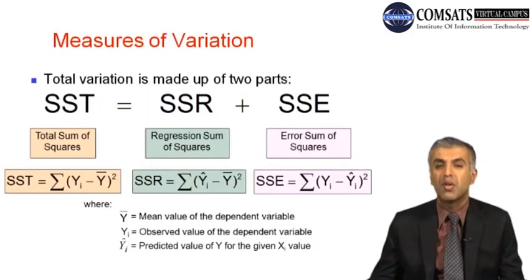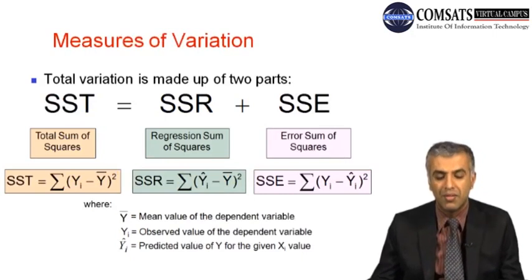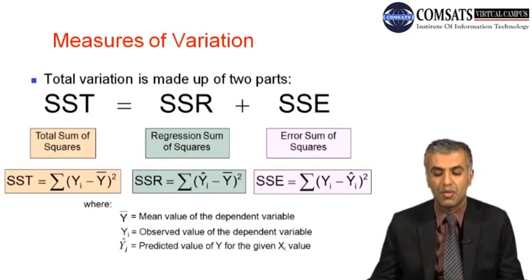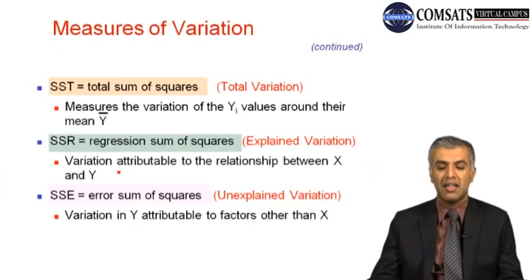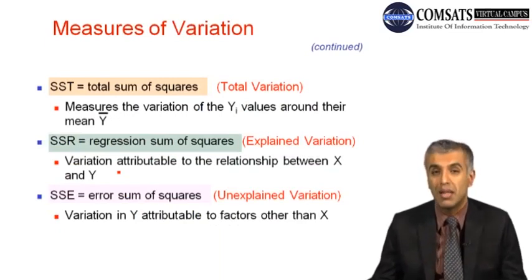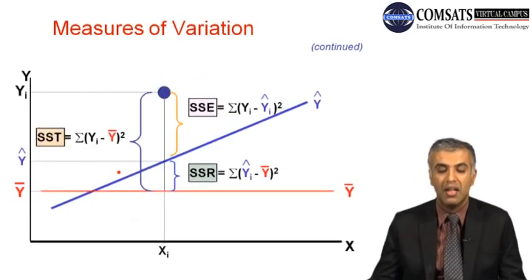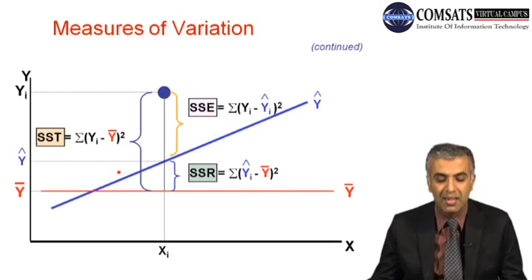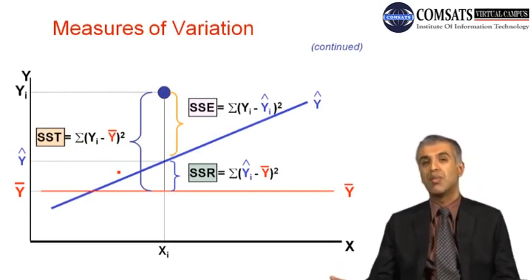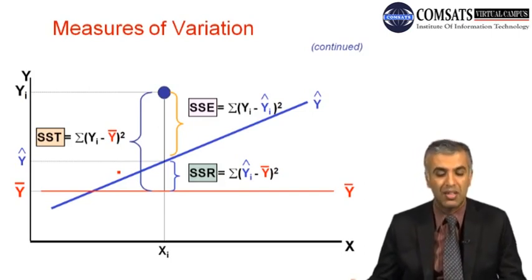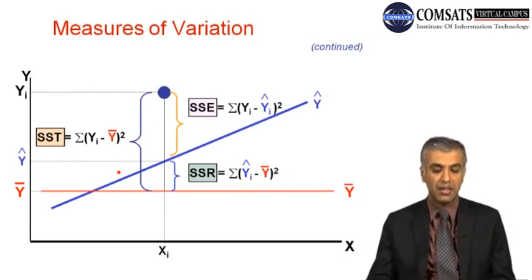Then another very important concept is measures of variation and how the total sum of squares, regression sum of squares, and error sum of squares are calculated, and based on that how we explain the variation and the unexplained variation here. Based on that, it is also vital how these concepts are displayed graphically and what interpretation we have from such measures of variation.